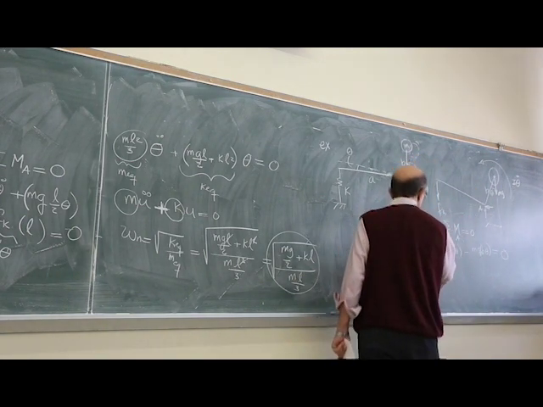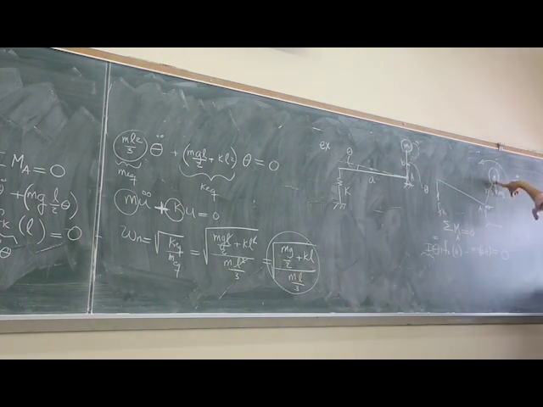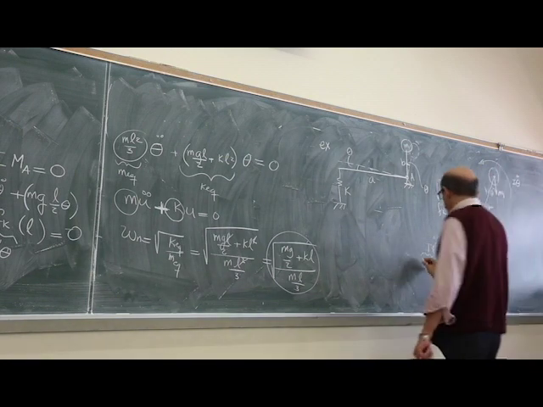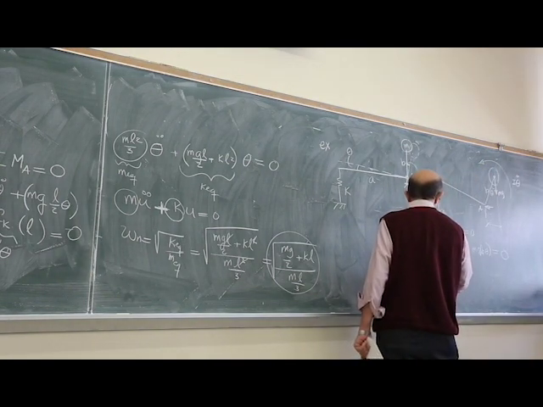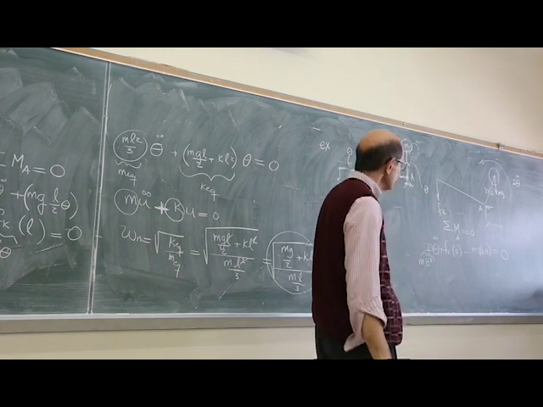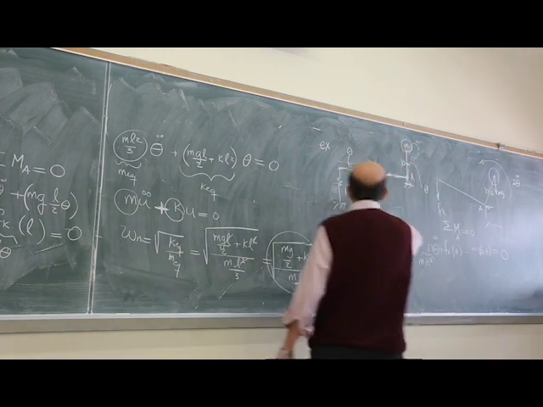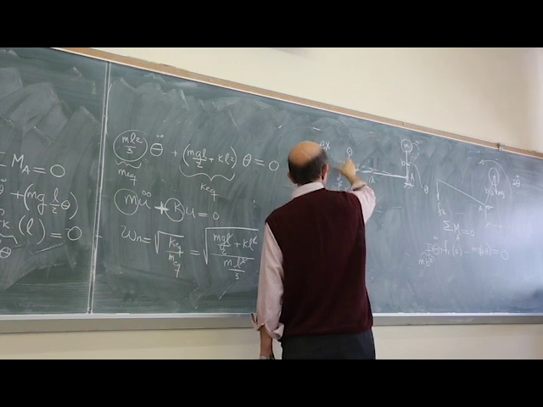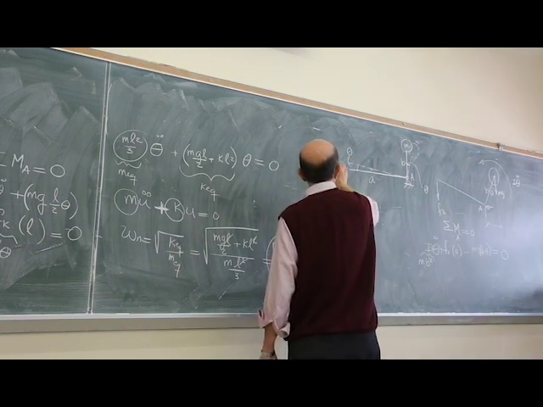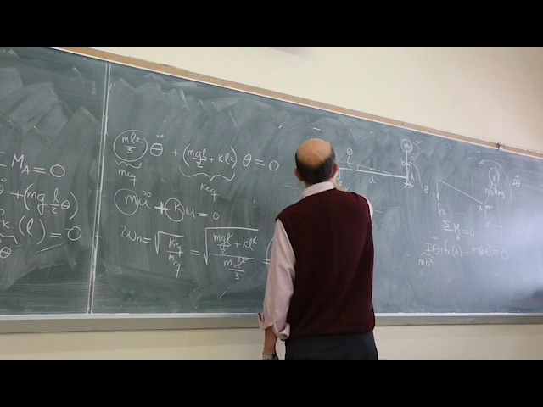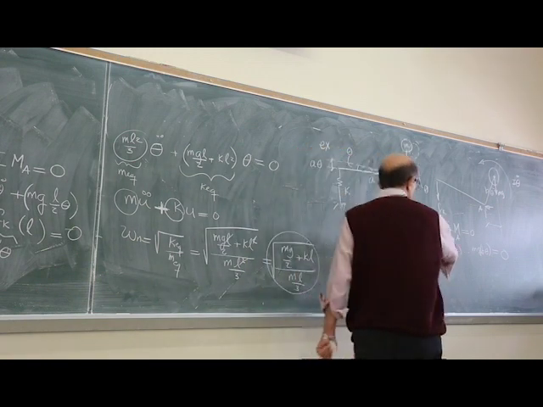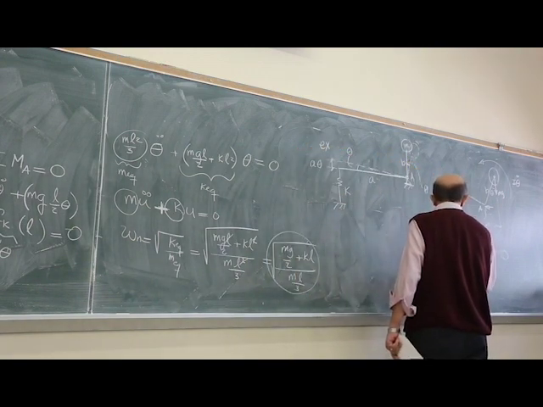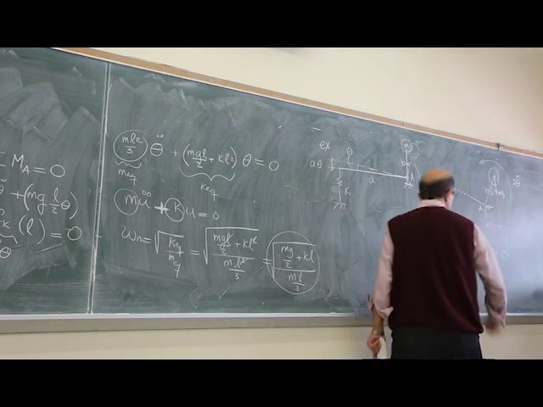I, in this case, is just the moment of inertia of this lumped mass rotating about point A. This is a point mass, so it would be just m b squared. What is this force? This spring is experiencing this deformation, so the distance that it is going through would be just a theta. So this force would be k times a theta times a.